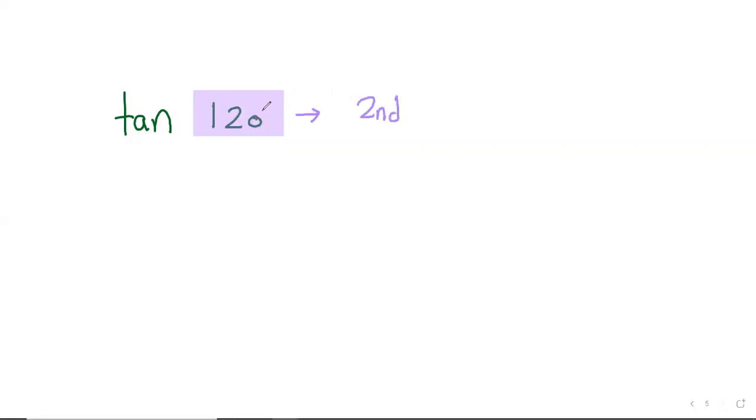What is the sign of tan in the second quadrant? Add sugar to coffee. So tan is negative in the second quadrant. I determined the quadrant, and secondly I determined the sign.